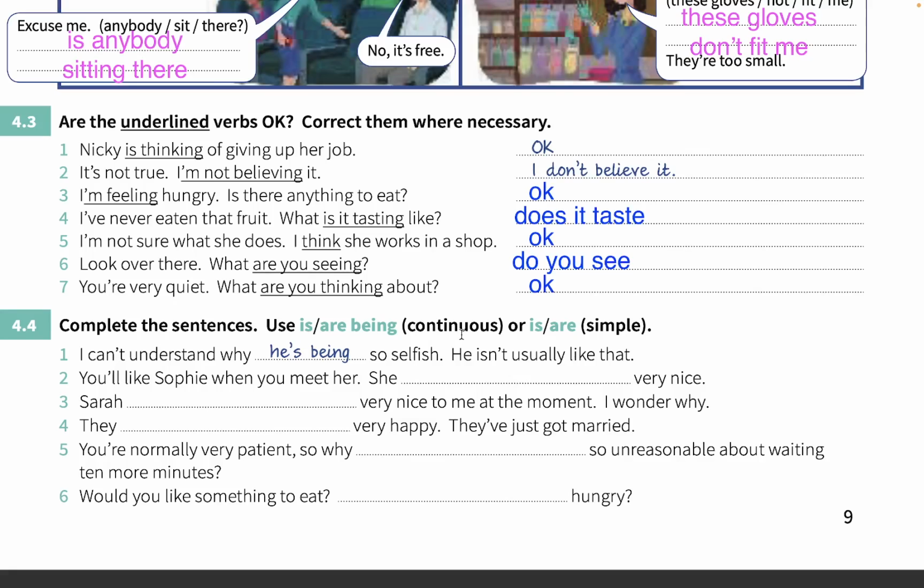We don't say "what do you think about" because we're asking why they are behaving like this. If you want to use "what do you think about," you are asking for their opinion on something. Is that clear? You are very quiet. Yes, I just noticed.